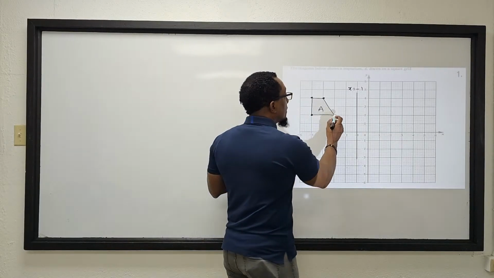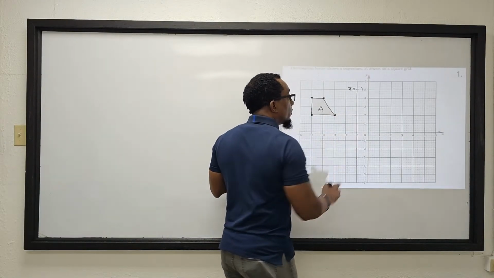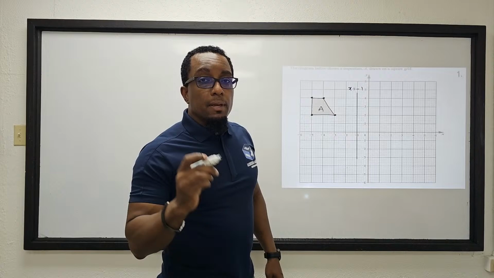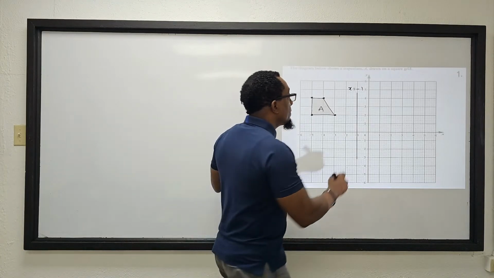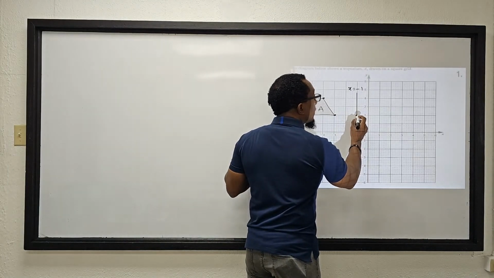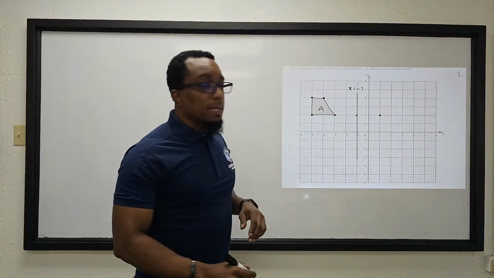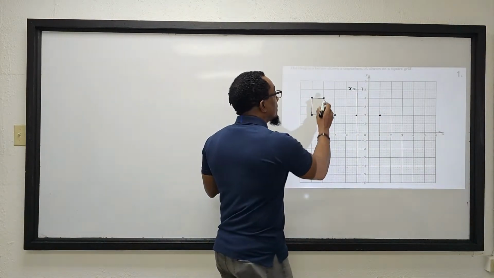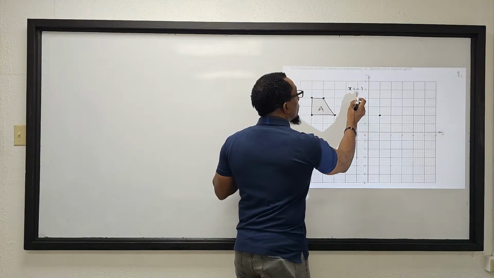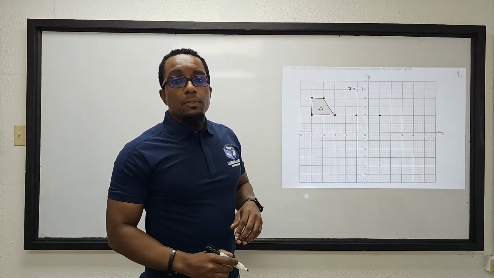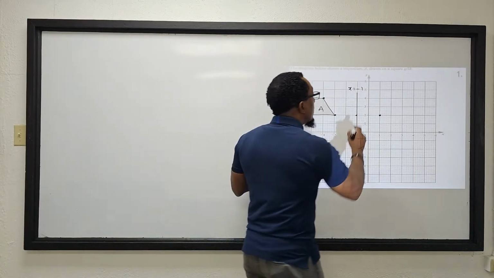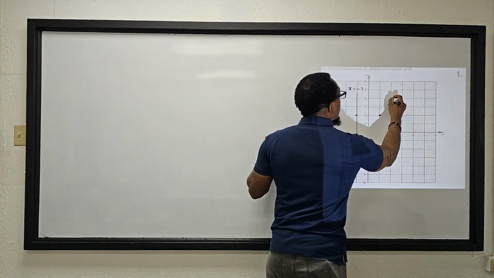So let's count: 1, 2 units from the object point to the mirror line, and this will be 2 units from the mirror line to the image, 1, 2. That's where that first point will be located. For the next point, we count 1, 2, 3 positions to the mirror line, so 3 positions from the mirror line to the image, 1, 2, 3.